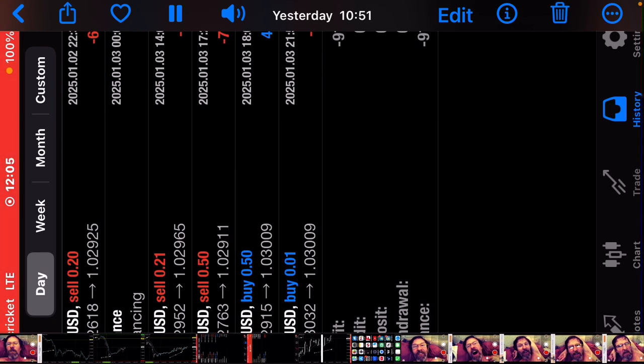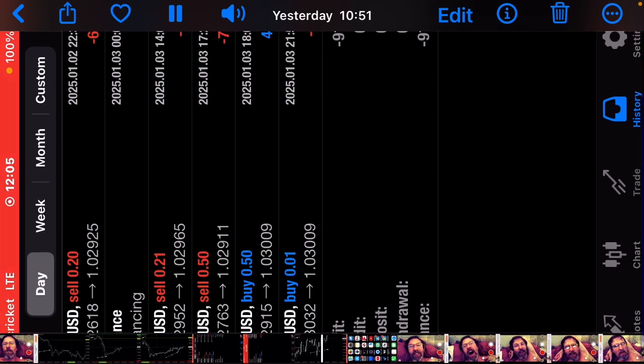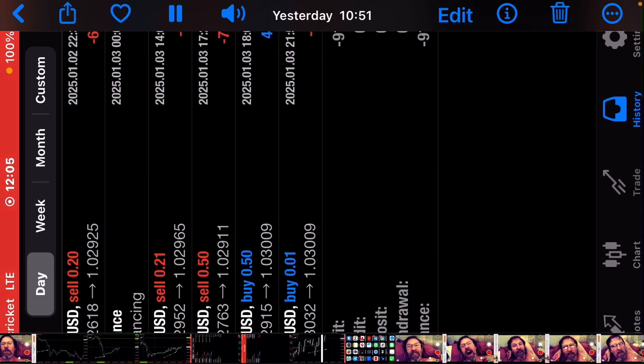In other words, $1.03032, because it goes into the tenths of cents. This actually goes into the thousandths, because there are 3 digits after the 3. It goes into the thousandths for the digits. 1.03032, and over here the little arrow pointed to it.